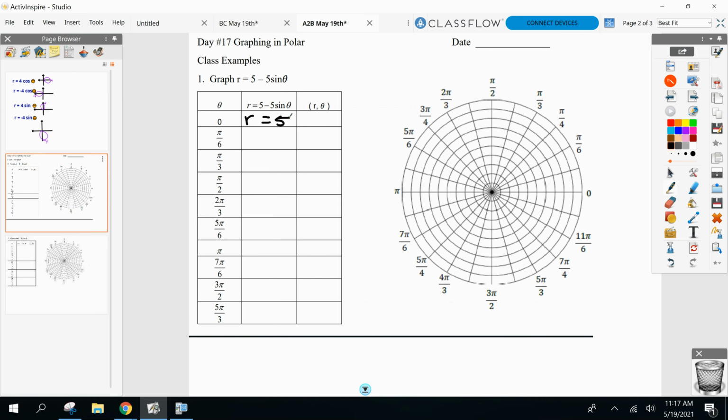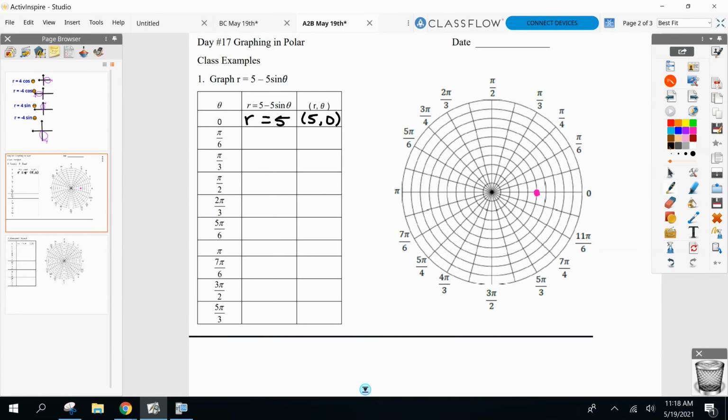First point you're going to graph, 5, 0. And I'm sorry, I can't help you graph points anymore. We've been doing this since the beginning of the unit now, and it's day 17. So we start at 0, 5 units out. 1, 2, 3, 4. Here's your first point of this graph, everyone.